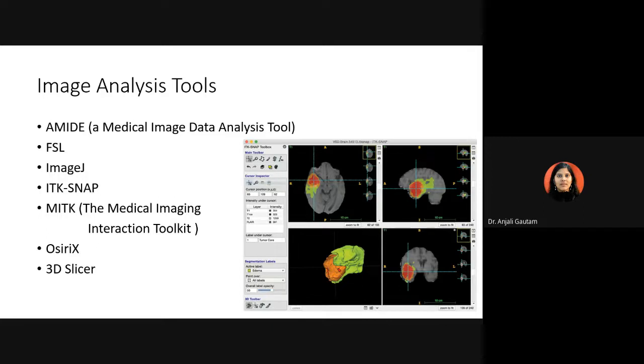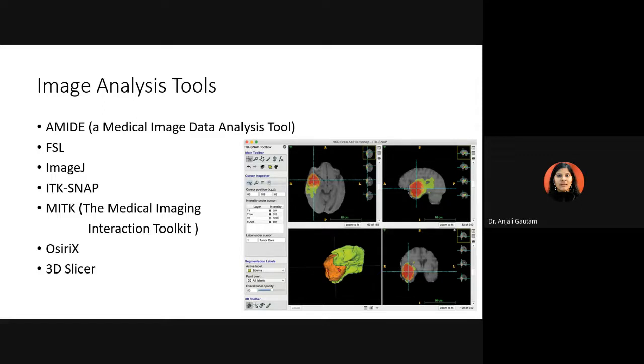Okay, ITK-SNAP. The image I have shown here is taken from the ITK-SNAP toolbox. In this case, you can easily visualize where exactly the tumor region is, where it is spreading and how much region. Red is showing the core of your tumor. So this is an example that with these tools you can visualize your medical data. MITK is also there.